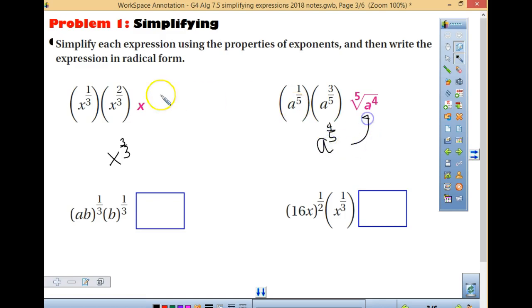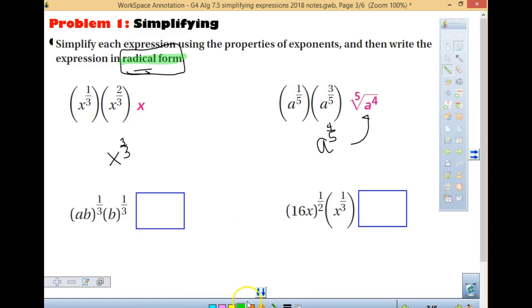And then it says radical form. Underline, highlight, go back, make sure. This is where people will make mistakes on the test. They'll give it in exponent form and not radical.